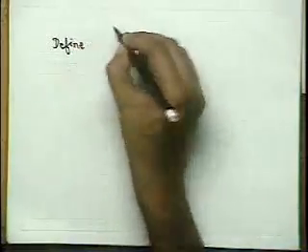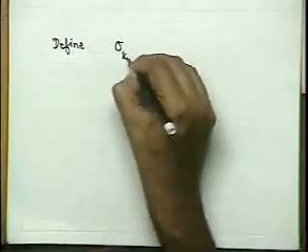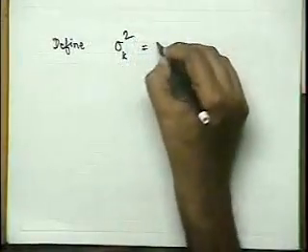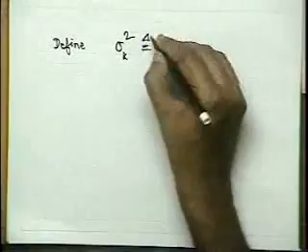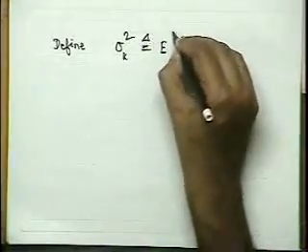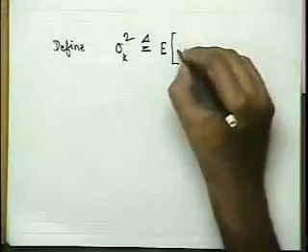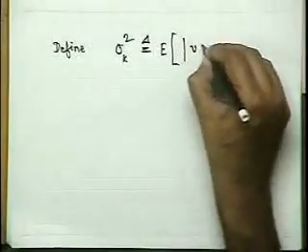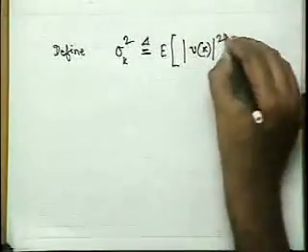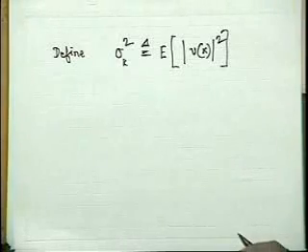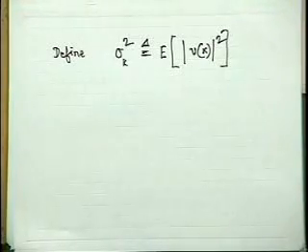So we are defining sigma k square, the variances, as the expectation of Vk square. Obviously, I can call it variance, or I can call it energy.